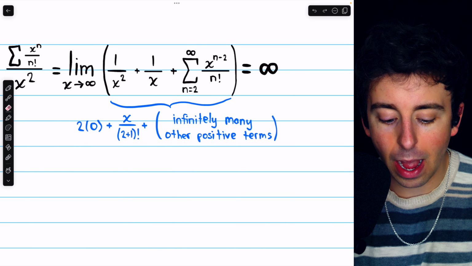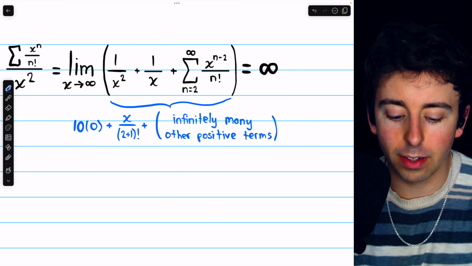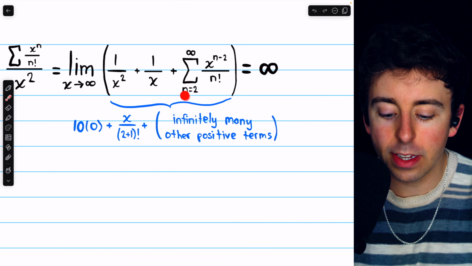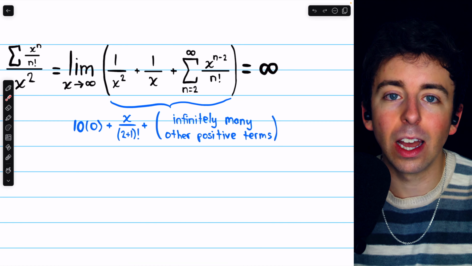If it were x to the power of 10, we could have taken out 10 terms from the series that would have x's in the denominator. Then, in the rewritten series, we would start at n equals 10, and that first term would be 1.